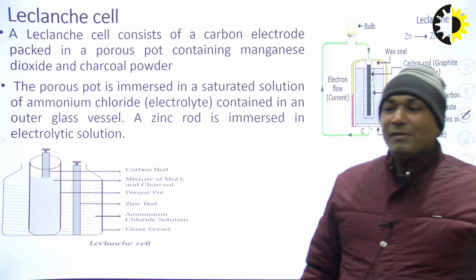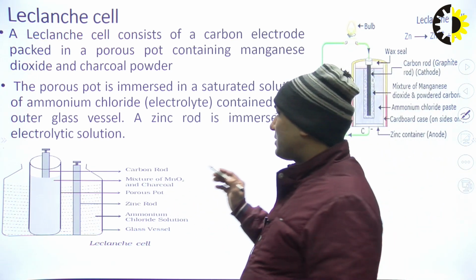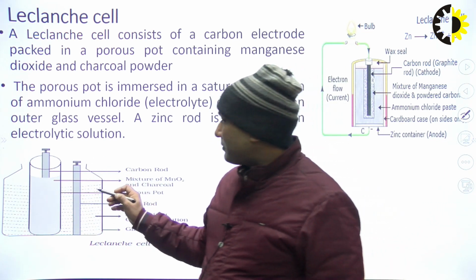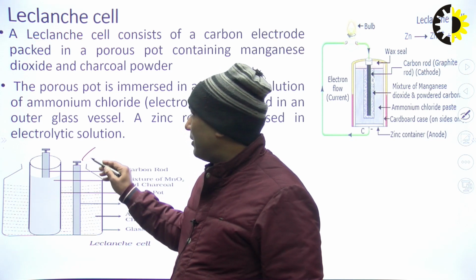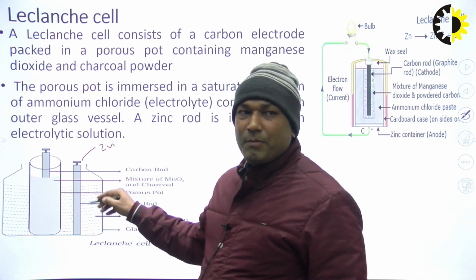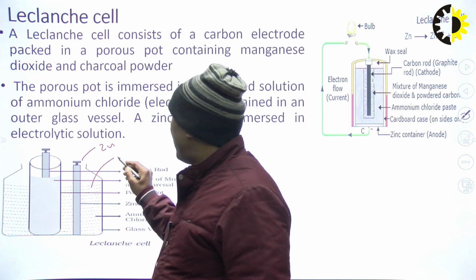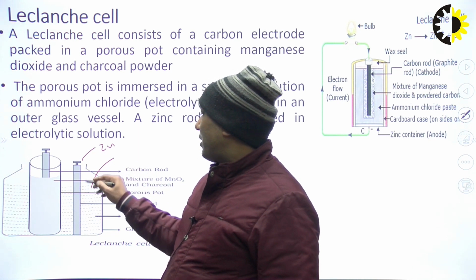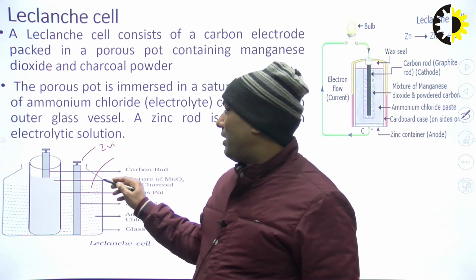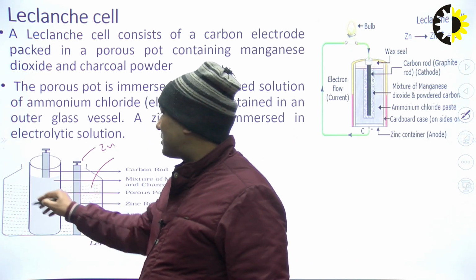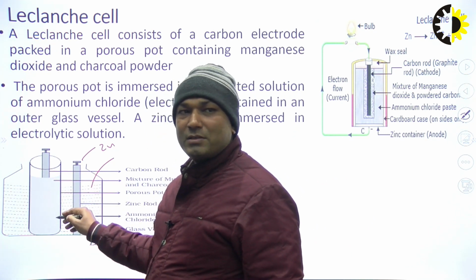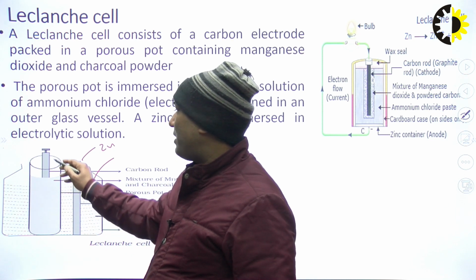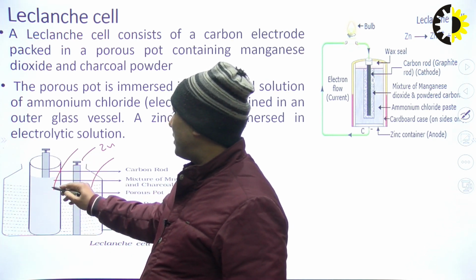So the instrumental setup in the lab is like this, where this zinc electrode is placed in one electrolyte, which is ammonium chloride, and this complete zinc and ammonium chloride is interacted with this porous vessel or porous electrode having manganese oxide, and this is MnO2.